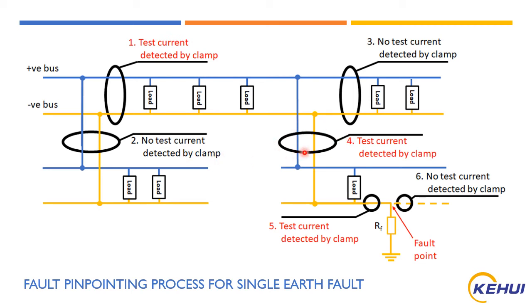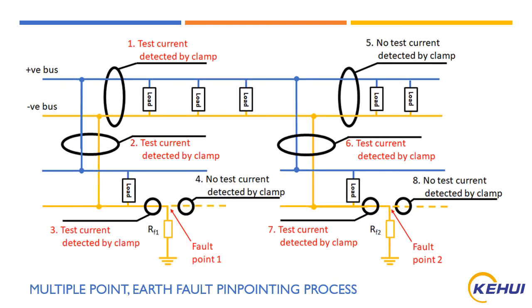When you go to the faulty feeder, you get clear information of the leakage current and the waveform. You need to go until the point where you reach the fault location. If you go beyond the fault location, there will be no waveform shown, which in turn gives the information that the fault is behind this point. So this helps you to exactly locate the fault point.